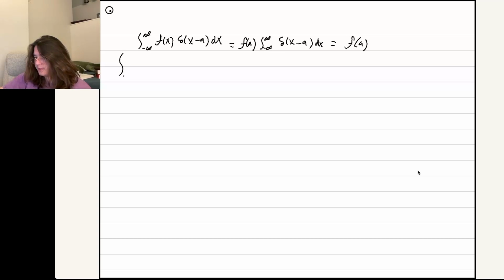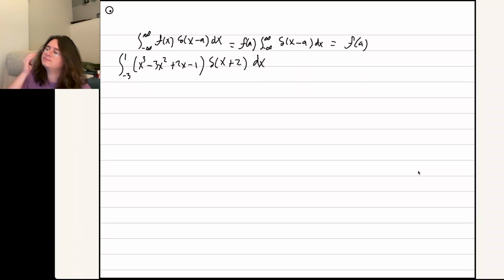The first example that Griffiths tells us to look at is the integral from minus 3 to 1 of x cubed minus 3x squared plus 2x minus 1 times the delta function x plus 2. And now minus 2 is inside of the integration bounds.